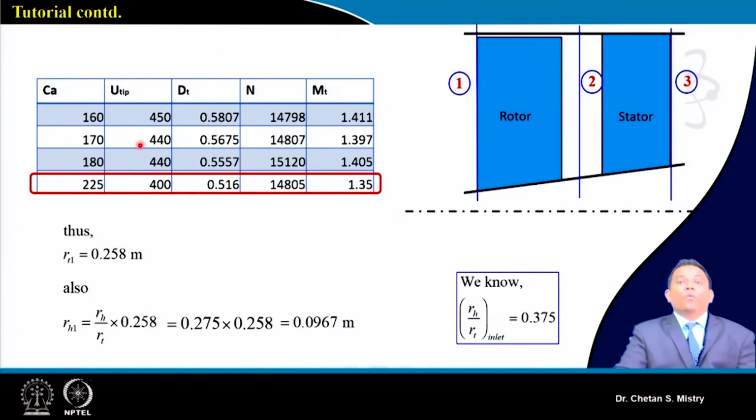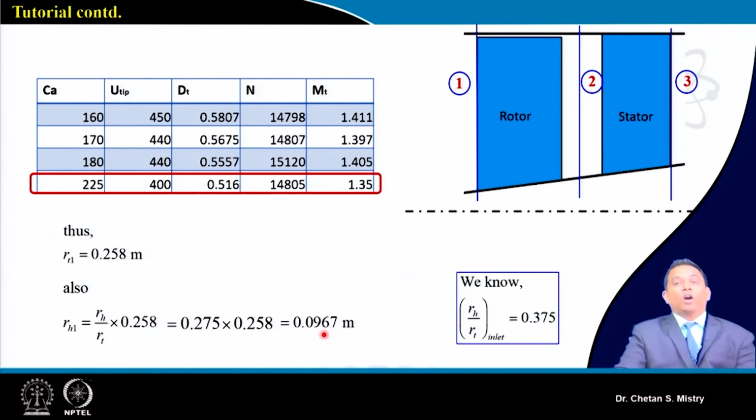Now once we have selected these numbers, we know our radius ratio. The radius ratio at the entry station is given to us, so we put 0.375 into the radius we have calculated, 0.258, and that gives me my hub radius at the entry and my tip radius at the entry.